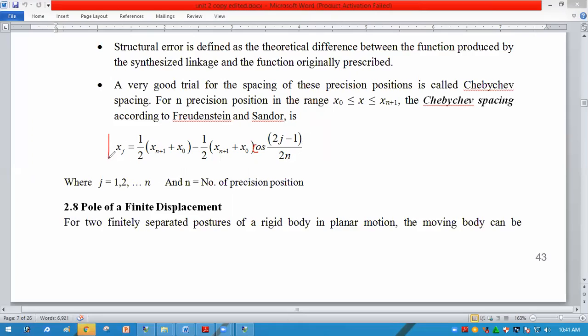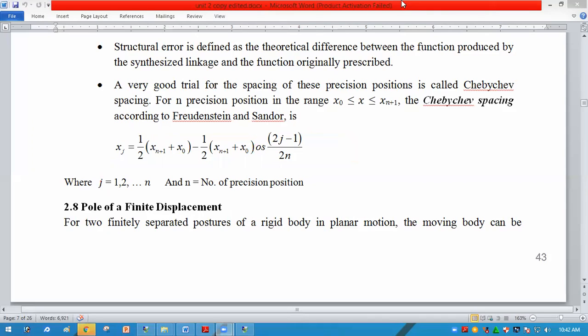This is the Chebychev spacing equation. Here j equals 1 up to n, where n equals the number of precision positions. This is mainly used to find the precision positions and to minimize the structural error.